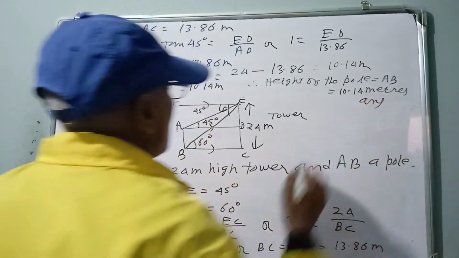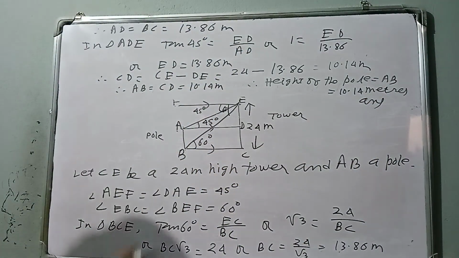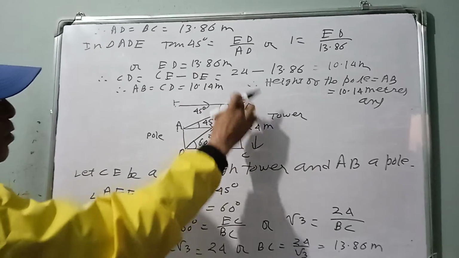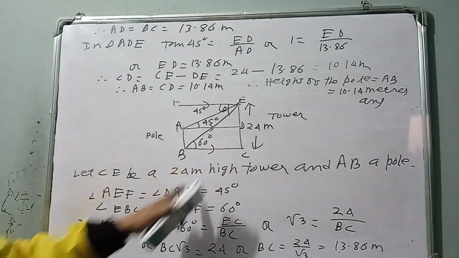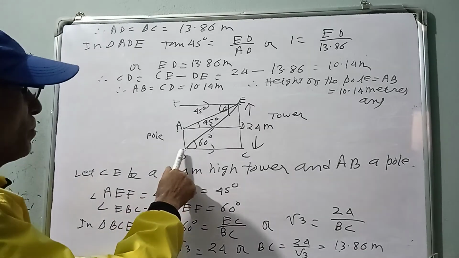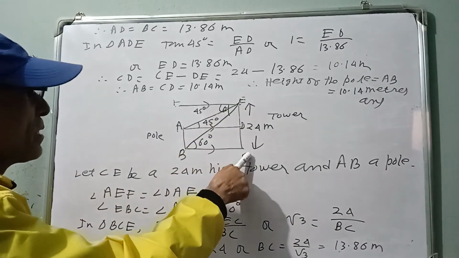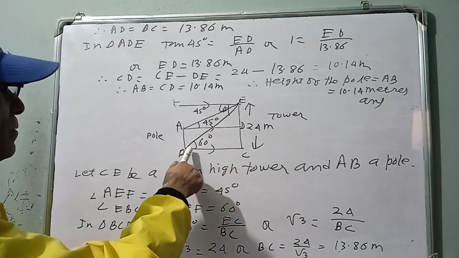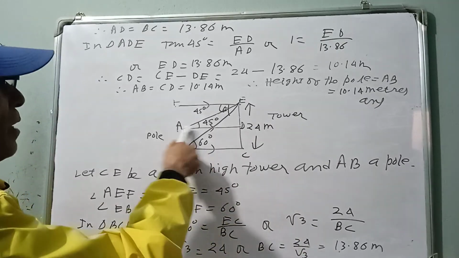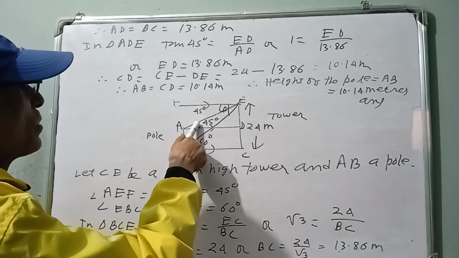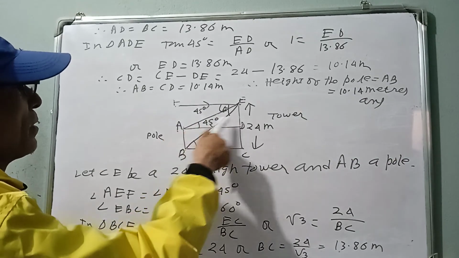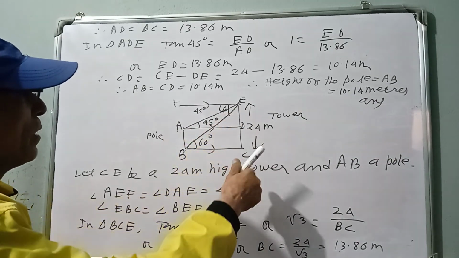And what you do? You have to do short form. Pole 24, angle of depression 45 and 60. Take triangle BCE and find BC. Find BC 13.86. AD is equal to BC. AD is known. Angle is known. In triangle ADE, find the value of ED.